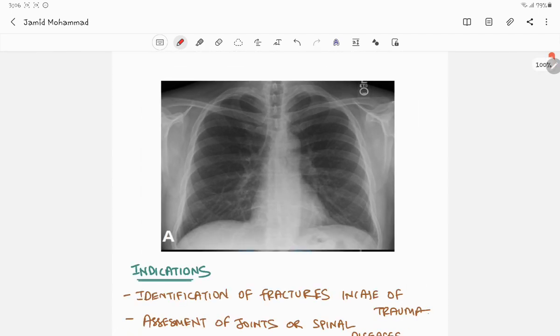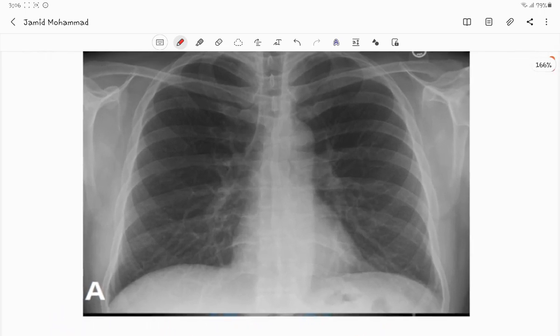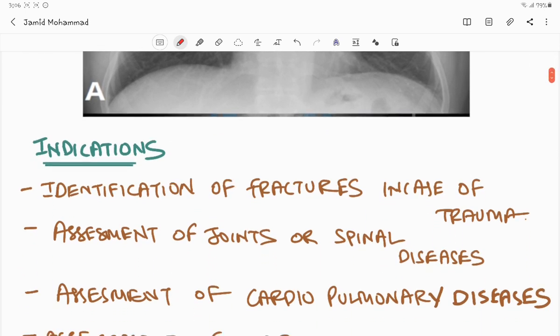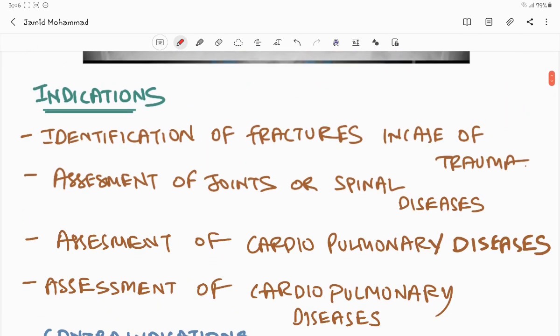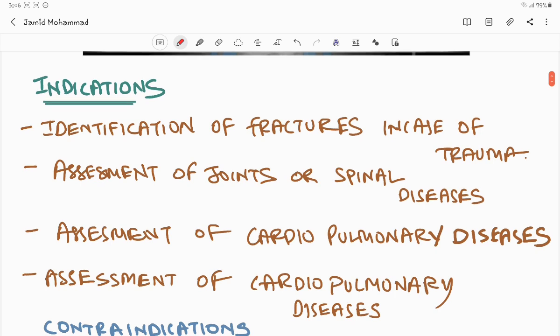Now, for every technique in the discipline of radiology, we are supposed to know the indications and contraindications in order to perform that technique. As we all know, this is the X-ray. So indications of the X-ray are as follows. X-rays are basically conducted in order to identify or assess fractures. Suppose a patient has undergone a trauma or an accident, he or she might have broken some bones.